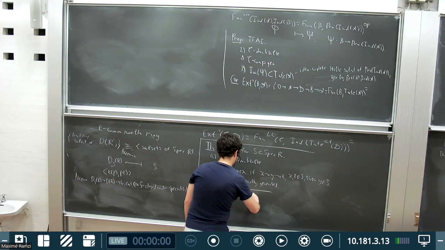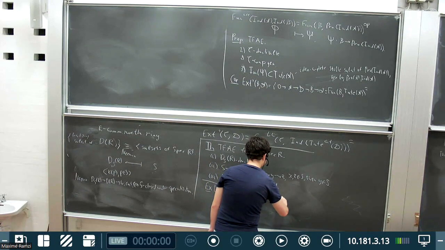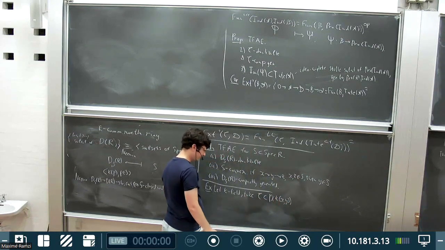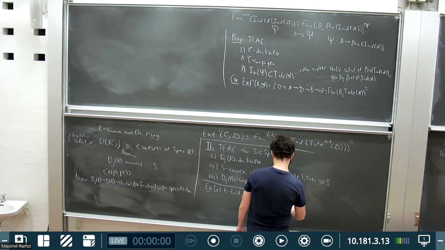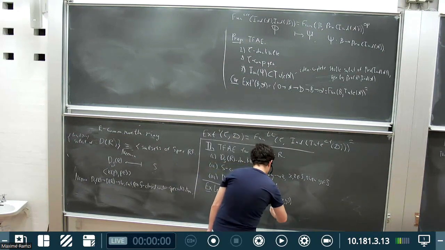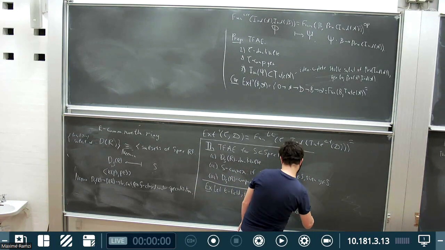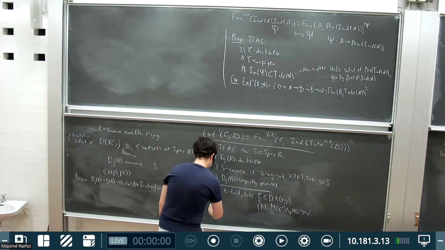Take C to be the full subcategory of quasi-coherent sheaves on the affine plane, so the derived category of polynomials in X and Y, which is formed by modules such that when you invert X and mod out by Y, you get 0. And then C is not dualizable.